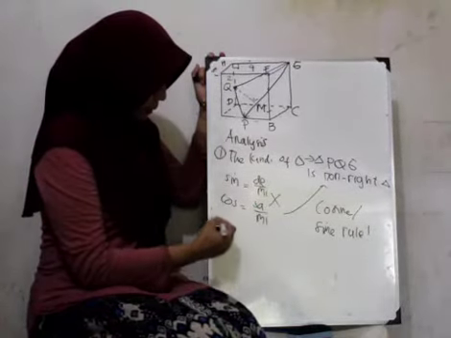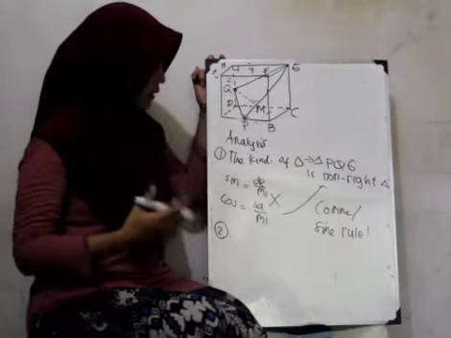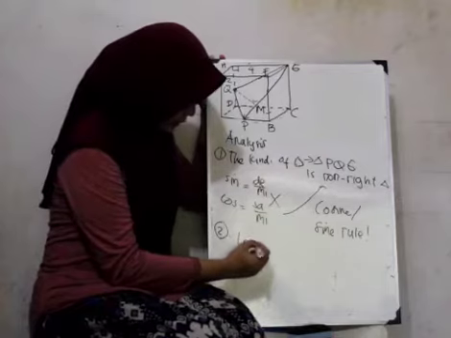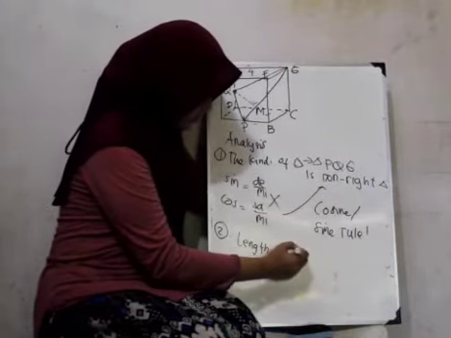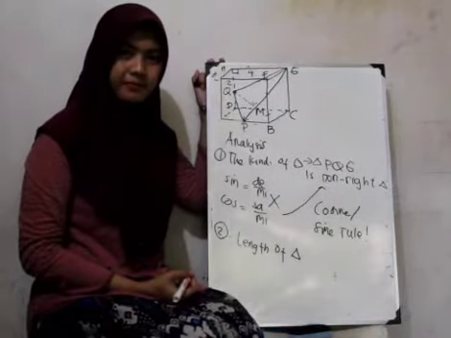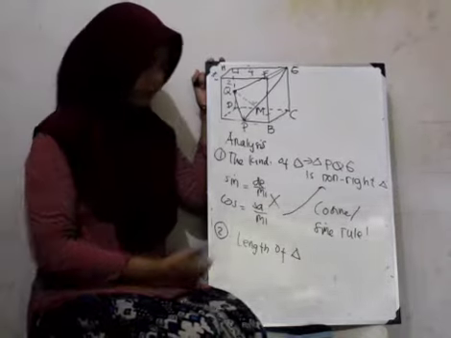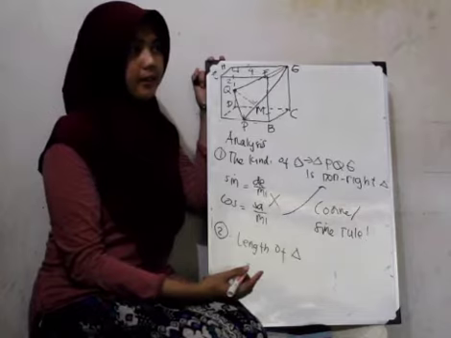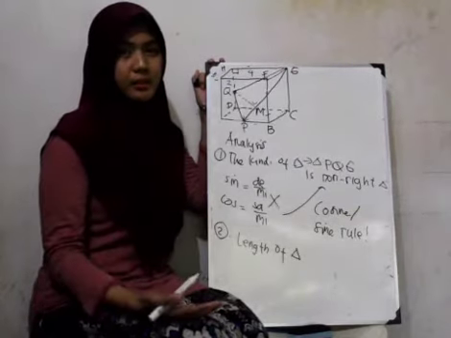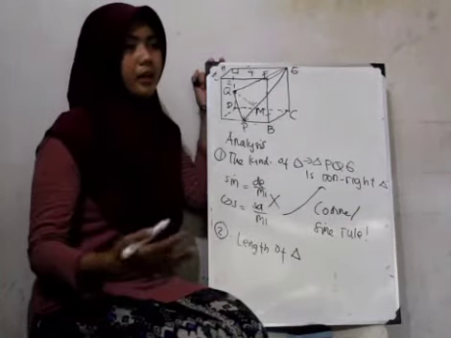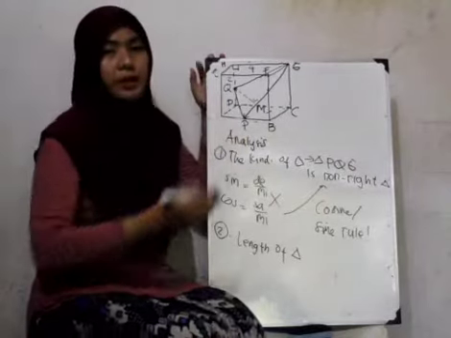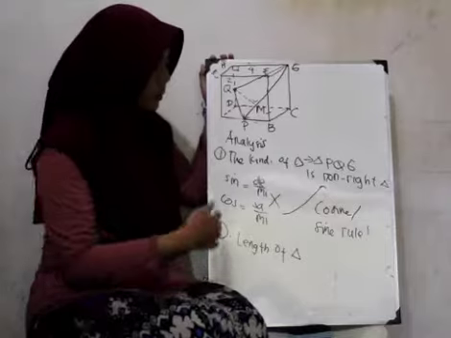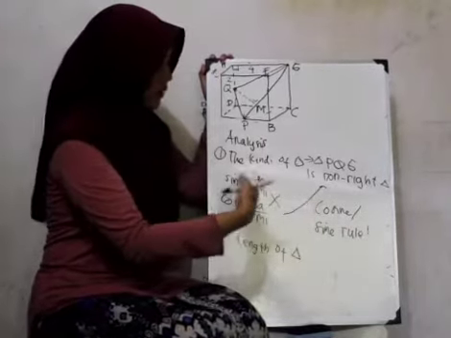Okay, so the second thing we have to analyze again is the length of the triangle. Anyway, this cosine and sine rule is like prerequisite material, or you possibly got it from 10th grade, so I hope you understand it or recall it again.